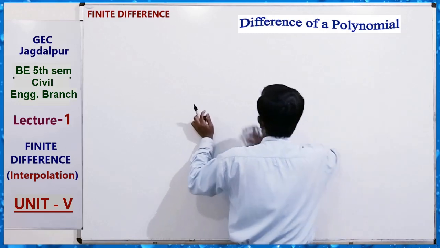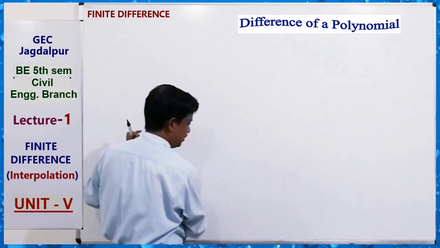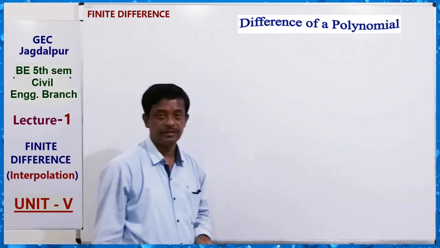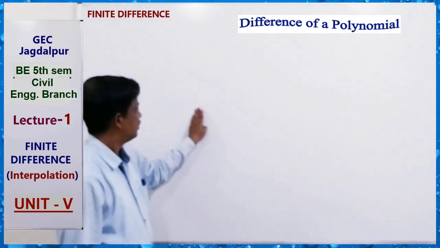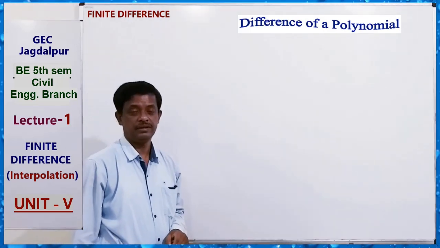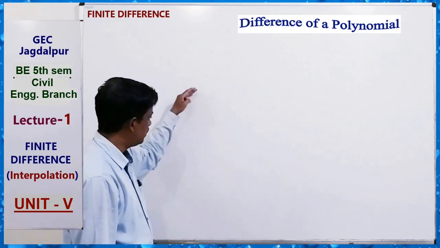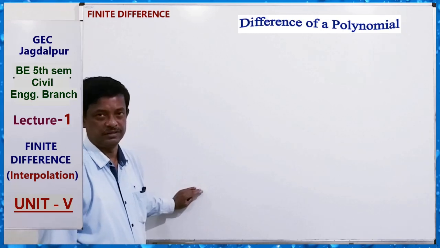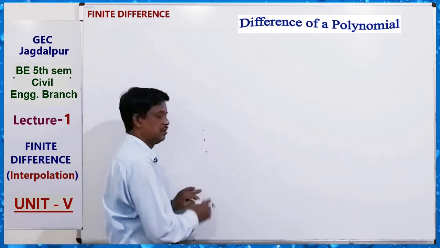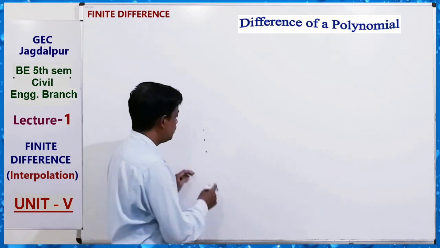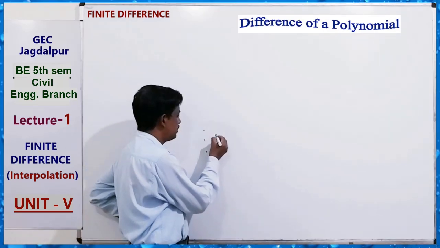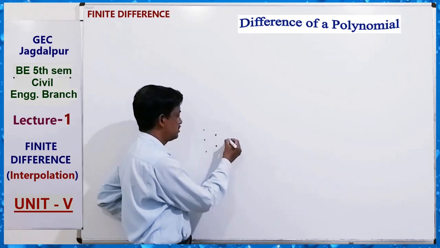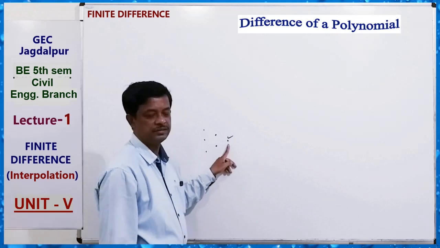So by taking this concept, also here one thing, just note down that if we are given 3 entries, 1, 2, 3, then we can get the first difference and second difference. This is the first difference, this is the second difference. The second difference will be constant.